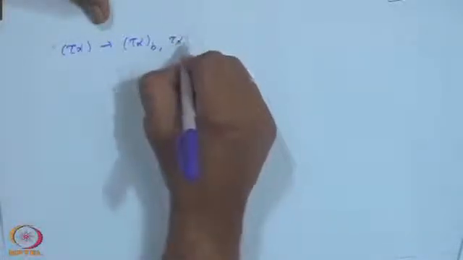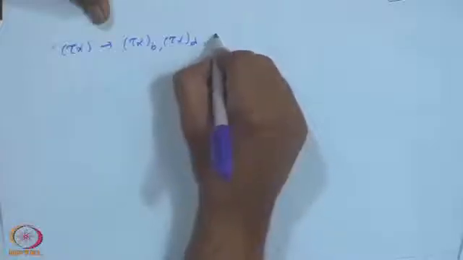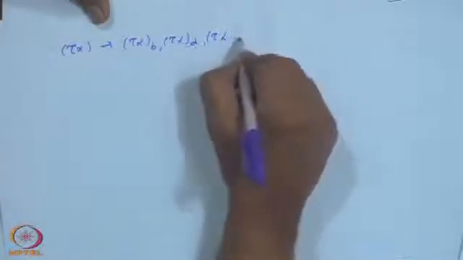Then we realized tau alpha to be comprising of a component for the direct radiation, a component for the sky diffuse radiation, and a component for the ground reflected radiation.